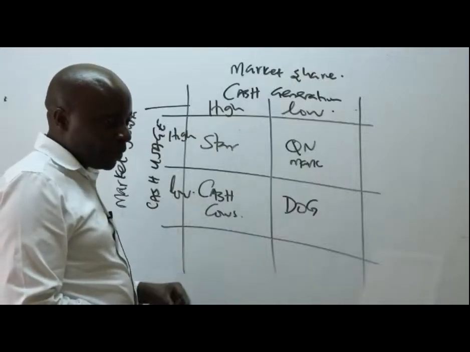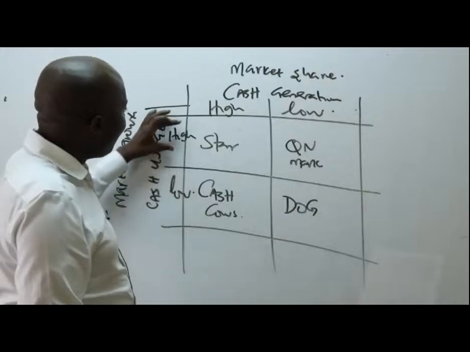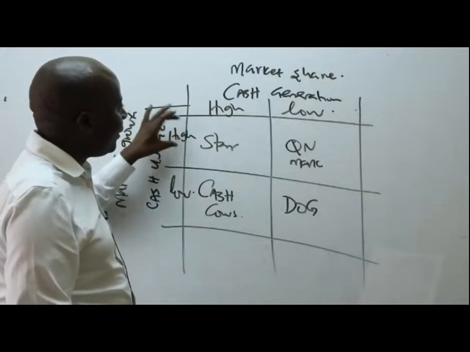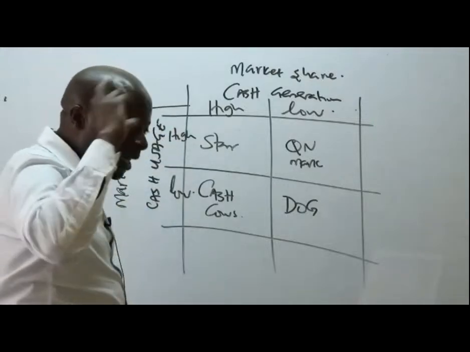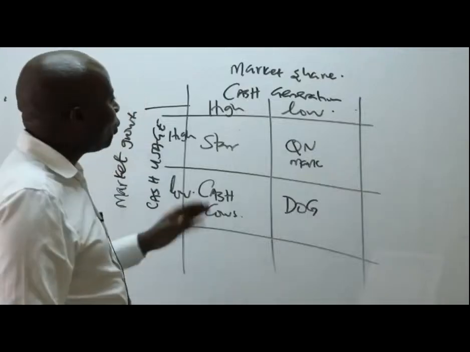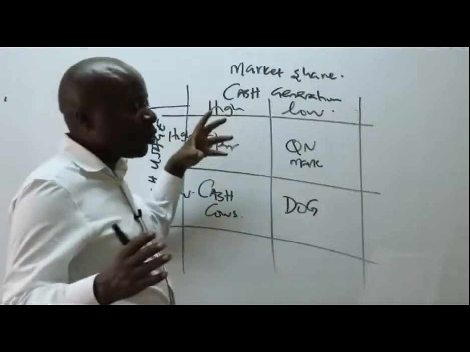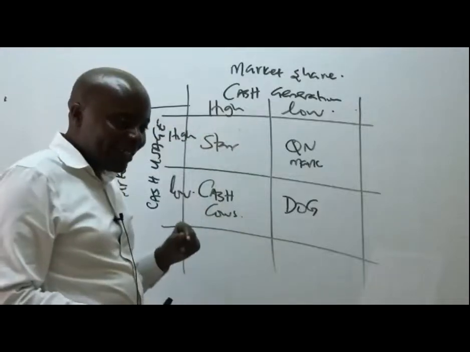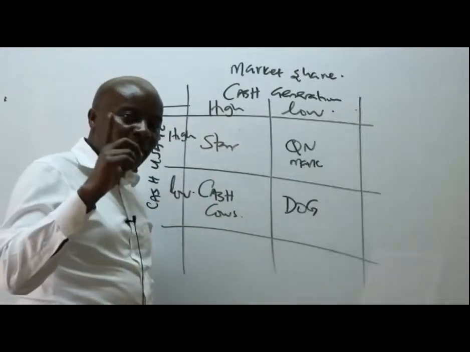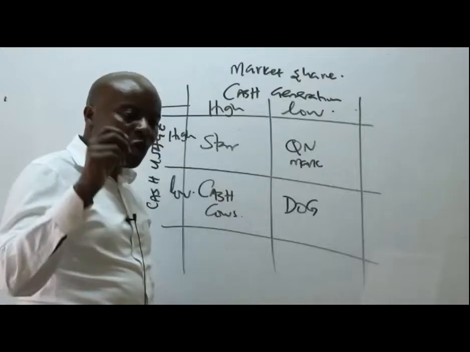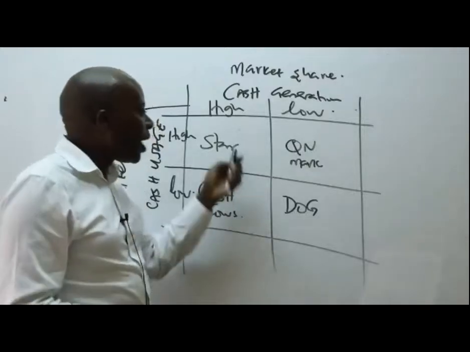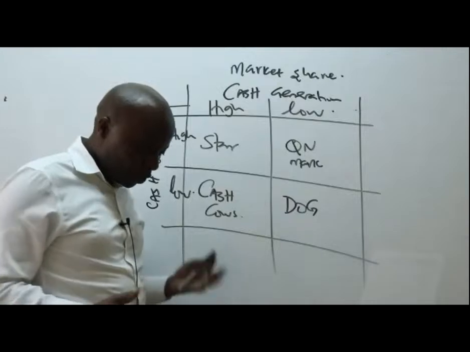Now listen, my good students. If, for example, I advertise highly, and for sure the cash generated here, because the market share is growing, is so high, then I'll say that the product I'm having is called a star. That is a star product, shining.